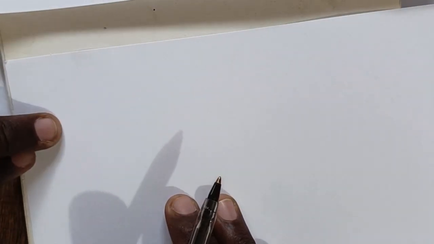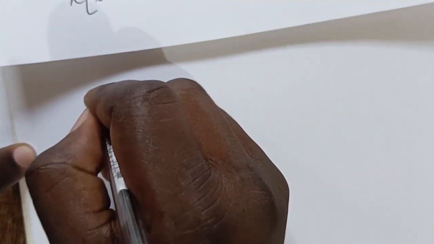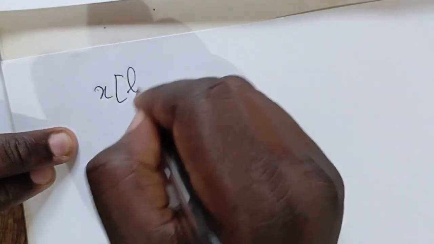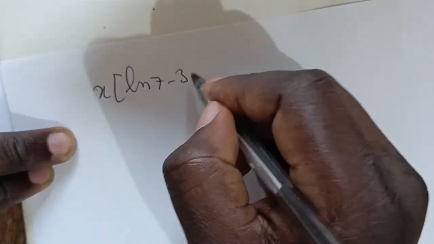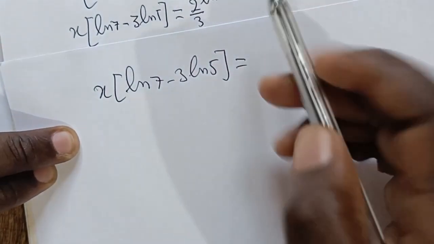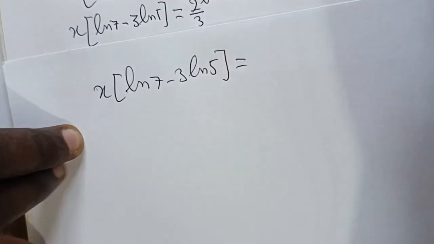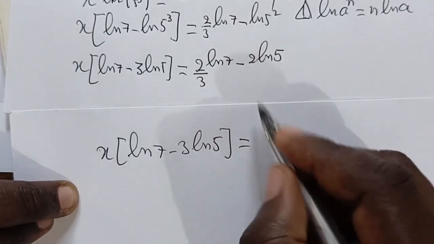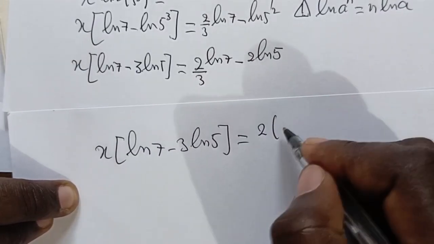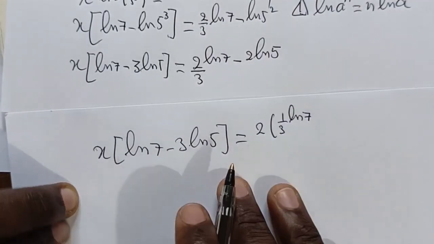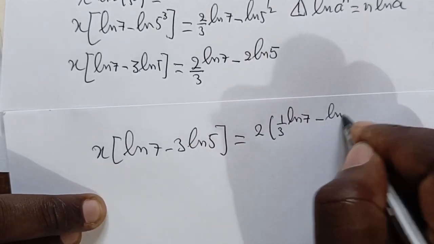Now let's continue. Here we have x into the natural log of 7 minus 3 times the natural log of 5. And because here is 2 and here is 2, factorizing 2, I'll stay with 1 over 3 ln 7 minus ln 5.